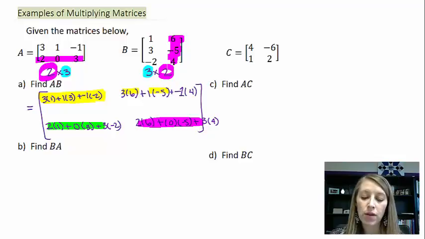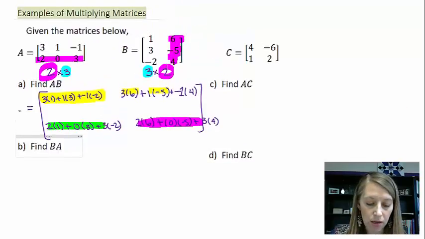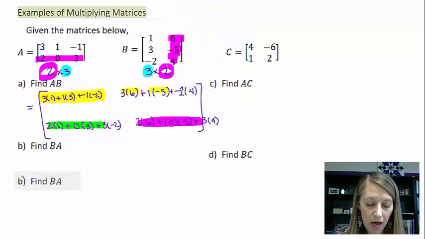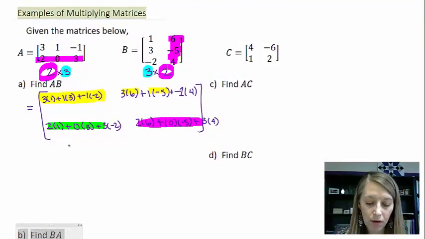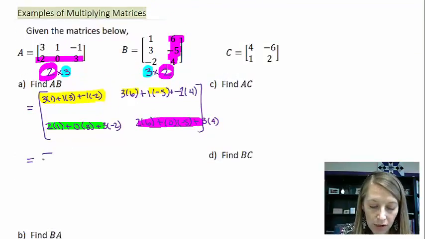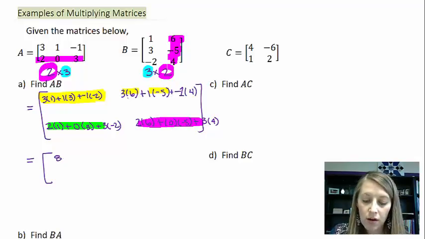So all I need to do now is simplify this basic math. So let's see how much multiplication and addition we can get in our head. So let me move this guy out of the way here. Okay, so that is equivalent to 3 plus 3 plus 2. So that's 8. Here, 18 minus 5 is 13, minus 4 is 9.